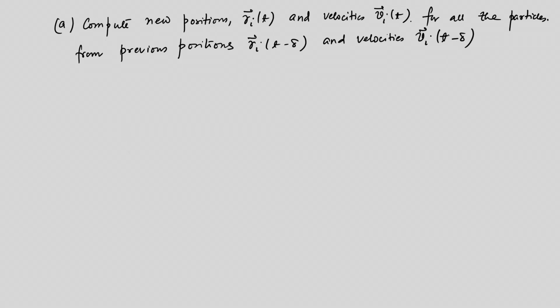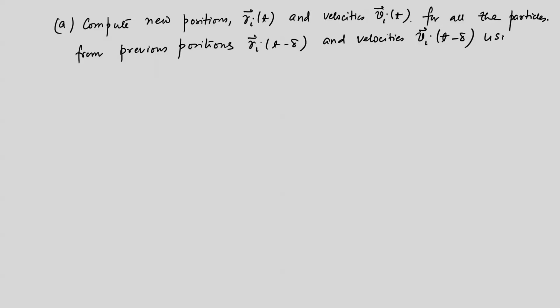So, from the knowledge of the positions and velocities at the previous time step, one can calculate the positions and the velocities at the subsequent time steps. So, this can be done using the velocity Verlet, the equations that have been told earlier.